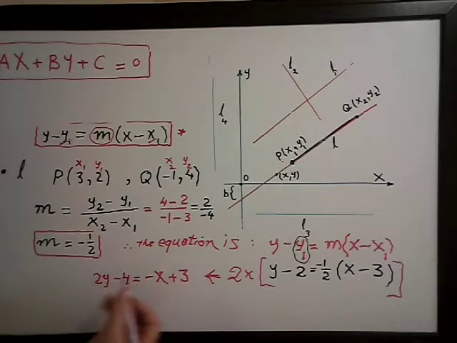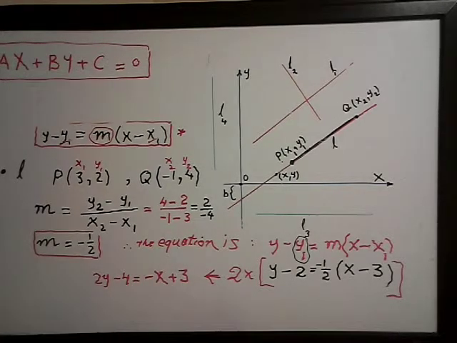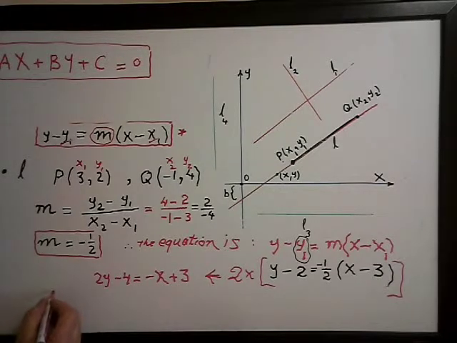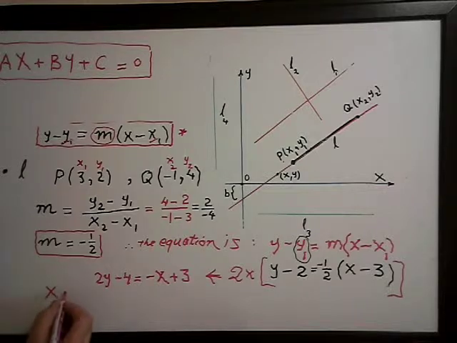So remove all the terms to the other side, so it will be x. This, when it comes to this side, will be positive. Here 2y.